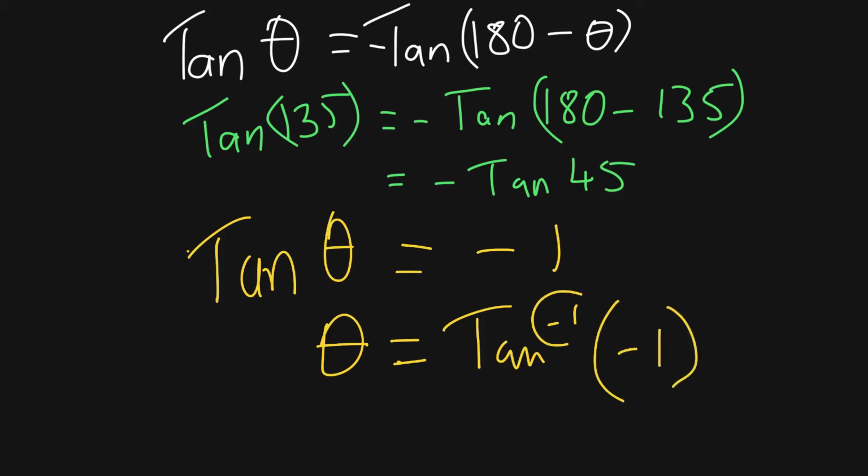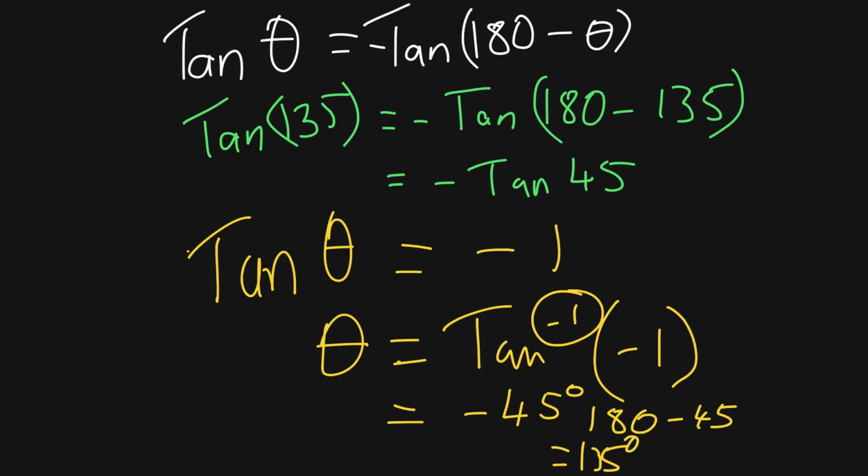Remember, because we're finding an angle, we have to have that minus 1 there, and we find that is minus 45 degrees on our calculator. So we go 180, take away 45, leaves us with 135 degrees.